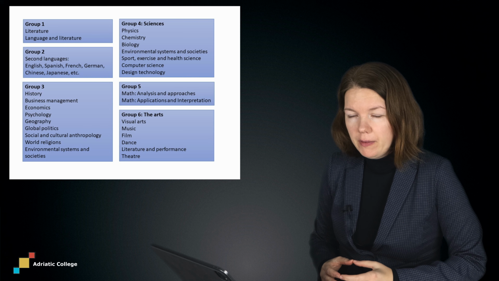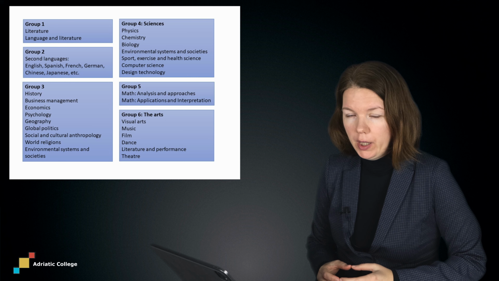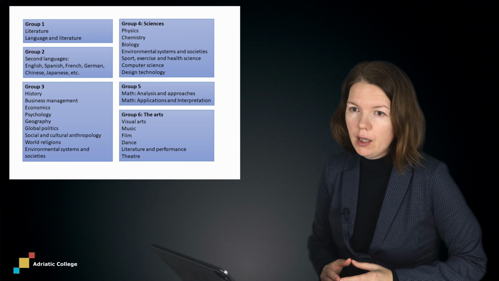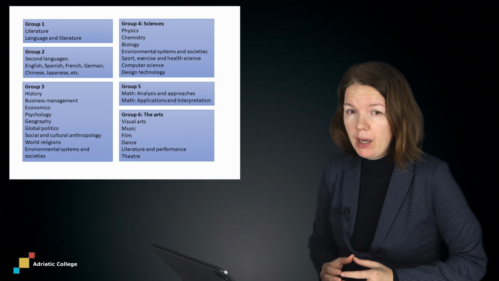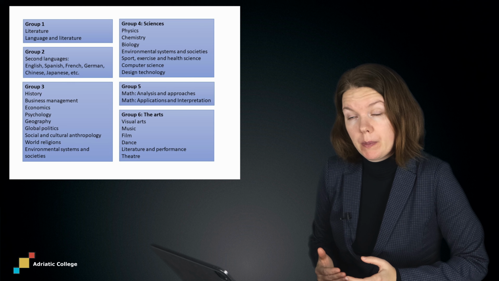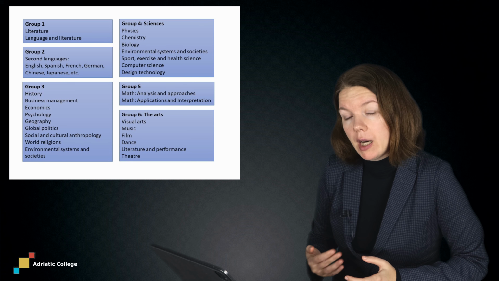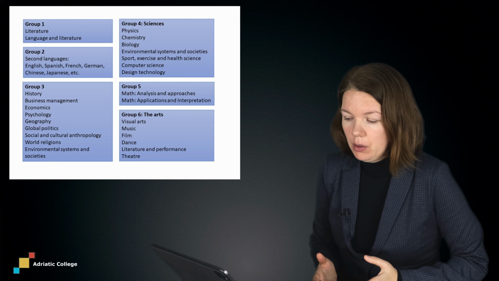The group 5 is mathematics. Again, like in case of the group 1, you have no choice here, because math is a compulsory subject in the diploma program, and sometimes people ask, you say students can choose subjects they want to study in the diploma program, so can we go without math then? No, unfortunately you cannot.